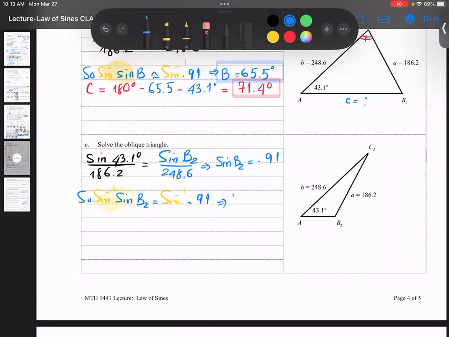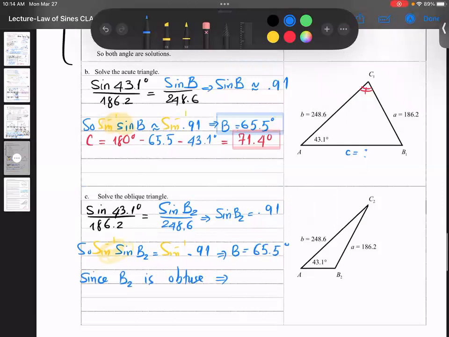B is 65.5, but it's not obtuse. B should be big. So what do we do? Remember the picture I drew earlier? Sine gives you two angles.